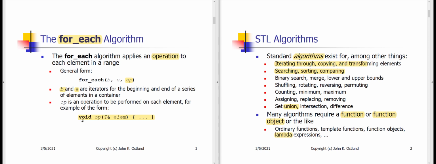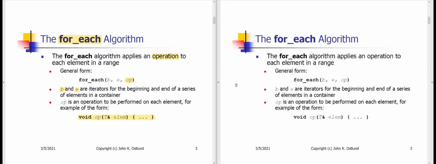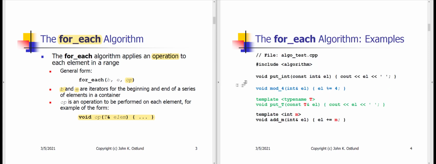The function should return void. All right, so all of the interaction with the element happens within the function, within the operation, and there's no return value from this. Let's take a look at some specific examples.